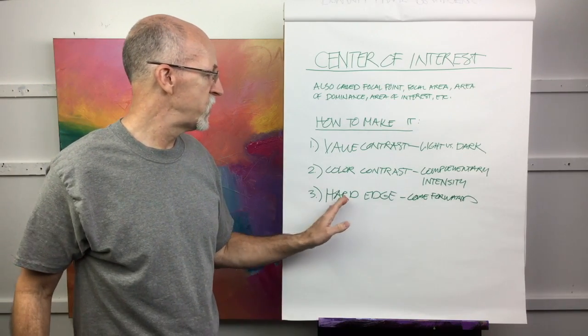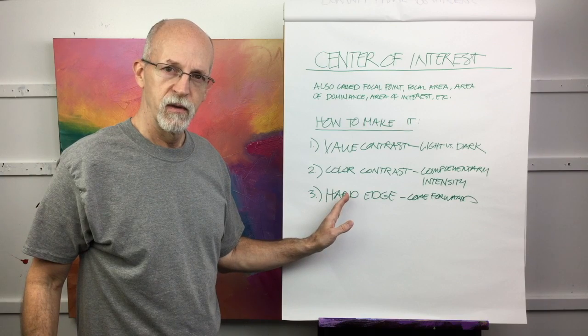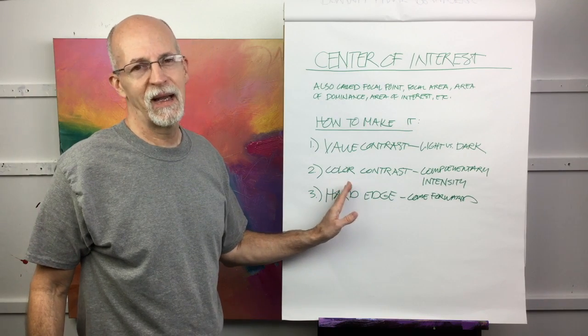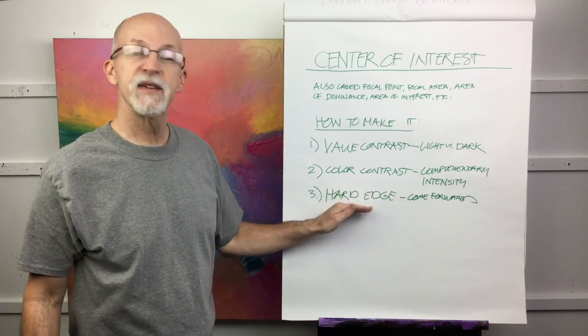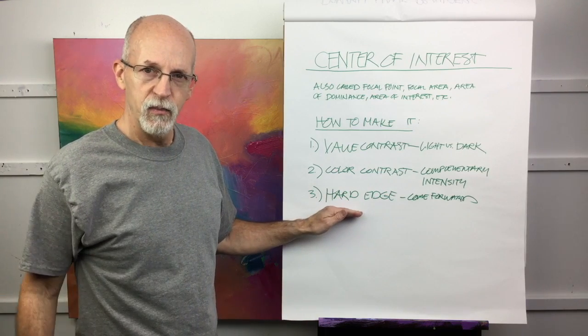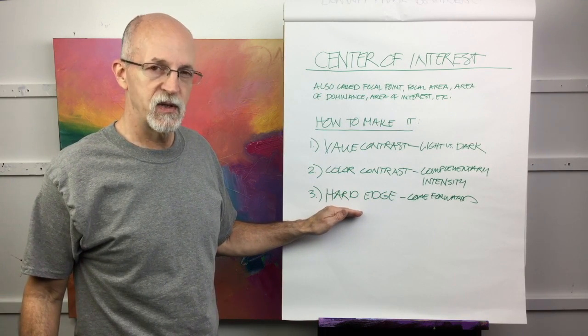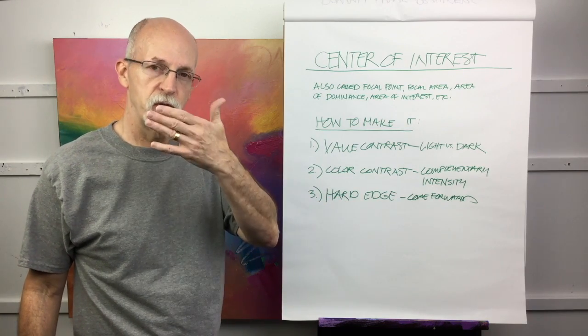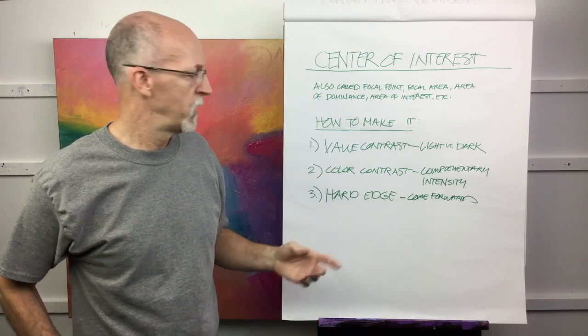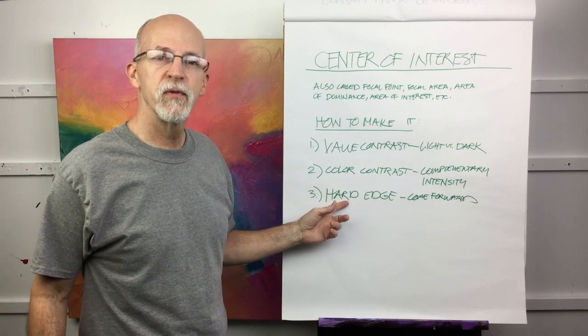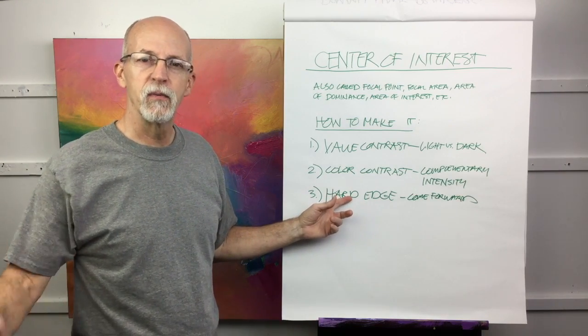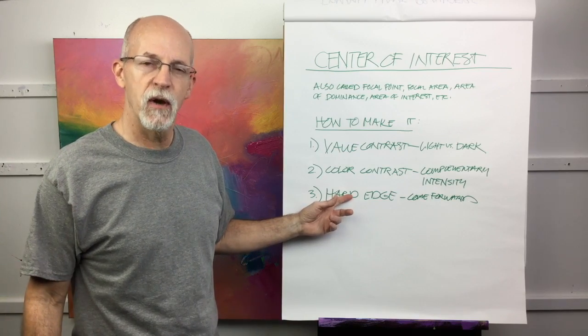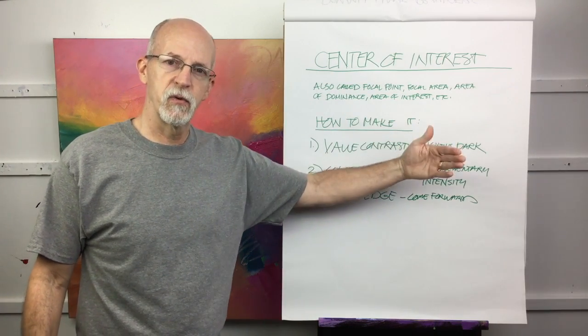So it makes sense that you'd want your hard edge at your center of interest. Think about a landscape painting. This is how landscape painters build in aerial perspective and space in their paintings. The hard edge is the closest to you, the closest to your eyes, so it comes forward. As you begin to blend or soften the edges, the space begins to recede.